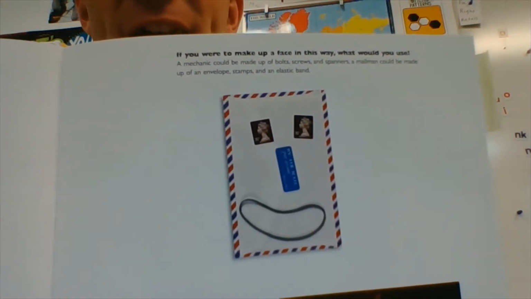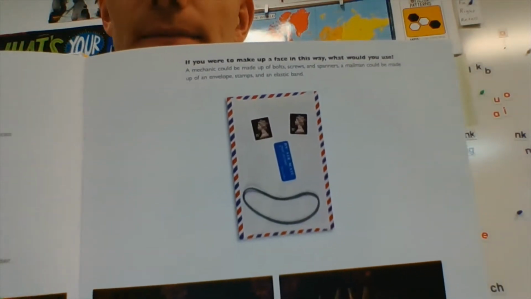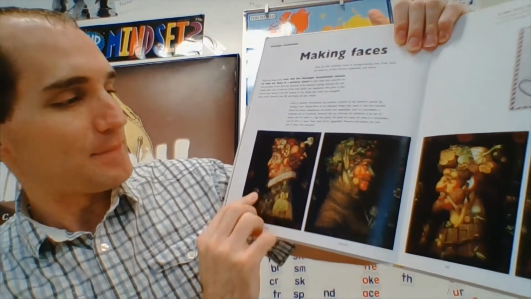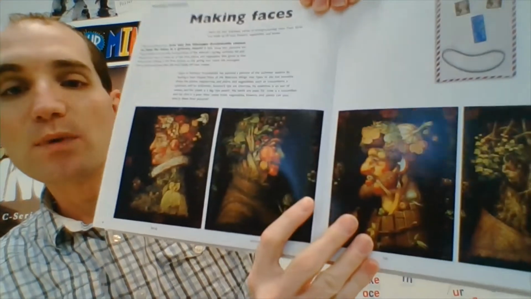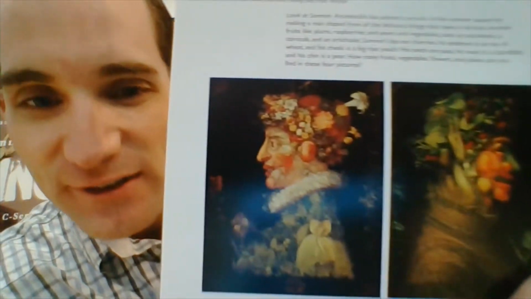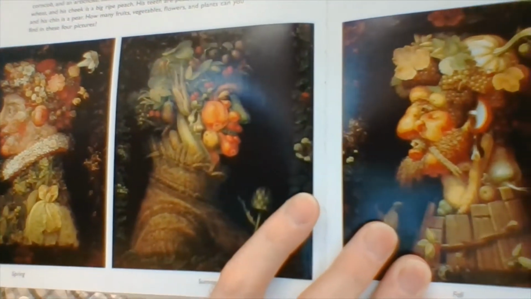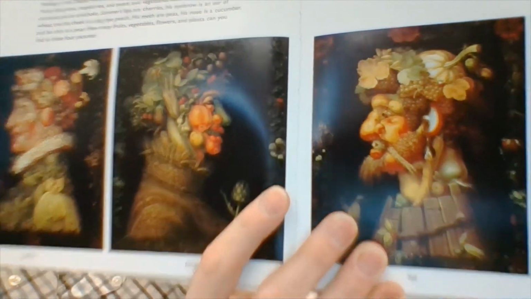This person made a face out of an envelope and rubber band. It goes along with this famous painting where he would use fruit to make faces. Isn't that kind of crazy how he used the fruit to make the faces? Interesting, huh?